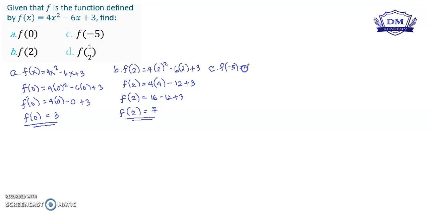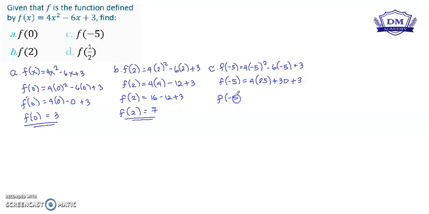This is equal to 4 times negative 5 squared minus 6 times negative 5 plus 3. f of negative 5 is equal to 4 times negative 5 squared, which is positive 25, minus 6 times negative 5, it's actually plus 30, and plus 3.